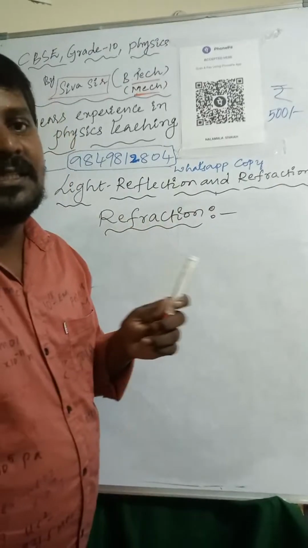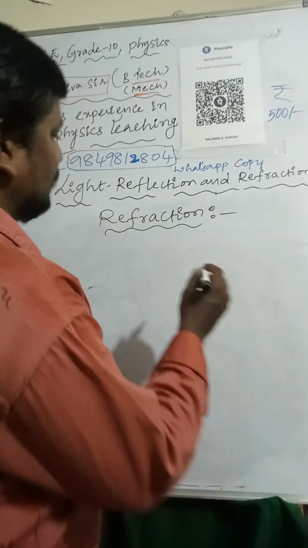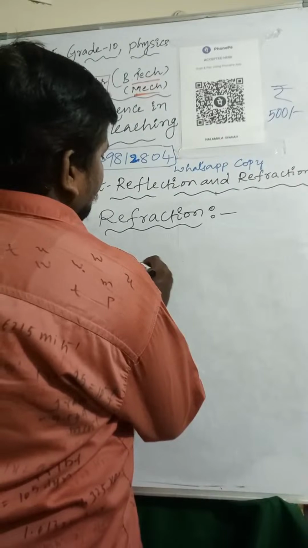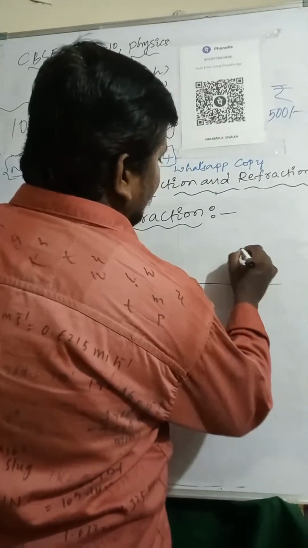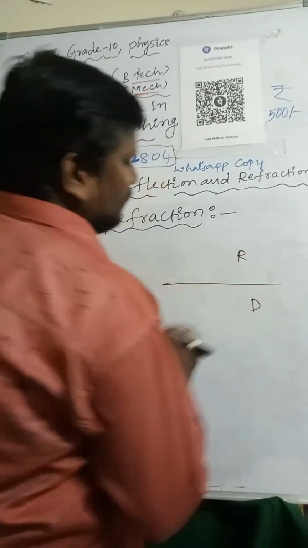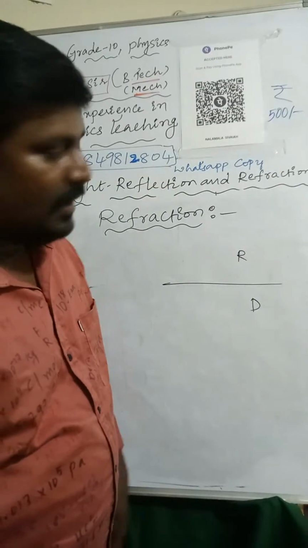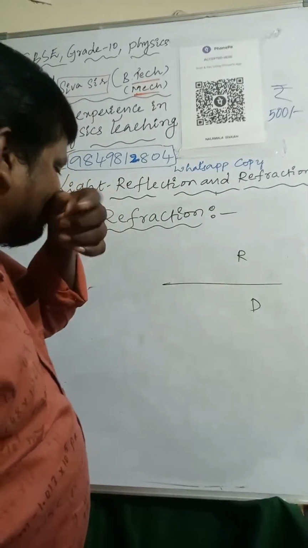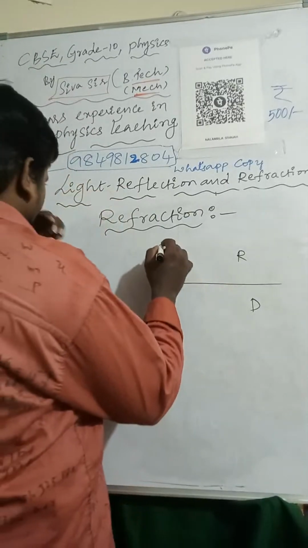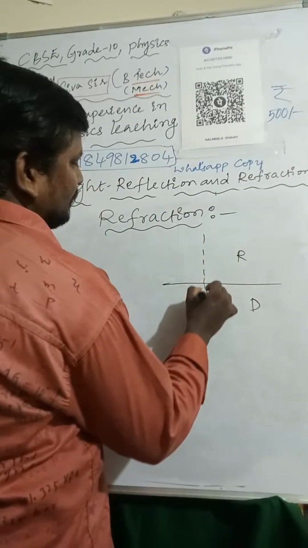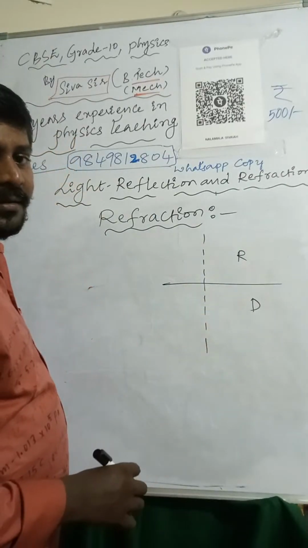Refraction is nothing but this. I'm considering this one: this is the rarer medium and this is the denser medium. Light is moving from rarer to denser. This is the normal line.